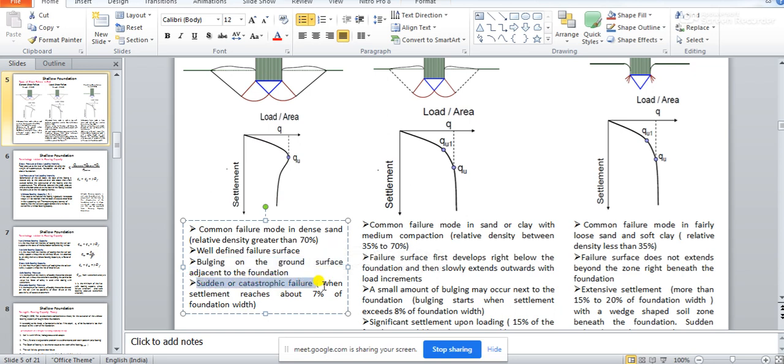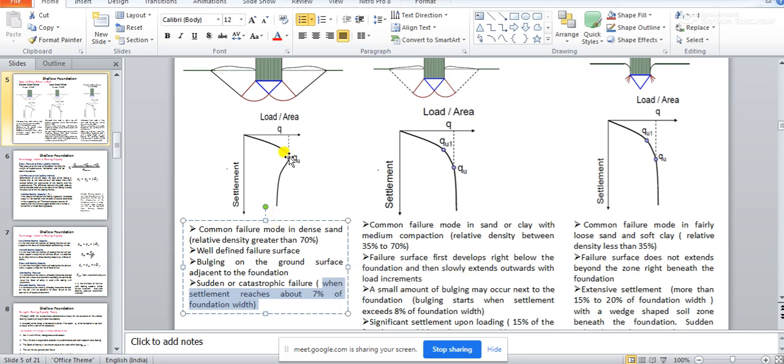So when will it happen? When the settlement reaches about 7% of the foundation width. It is observed from experimental observations that when the settlement of the foundation reaches around 7% of the width of the foundation, this catastrophic failure happens.